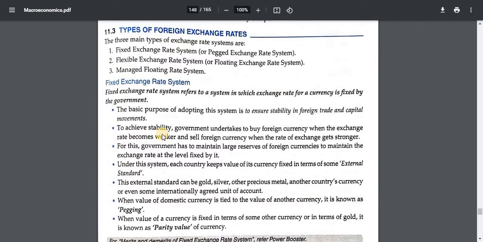To achieve stability, government undertakes to buy foreign currency when the exchange rate becomes weaker and sell foreign currency when the rate of exchange gets stronger. For this, government has to maintain large reserves of foreign currencies to maintain the exchange rate at the level fixed by it. Under this system, each country keeps value of its currency fixed in terms of some external standard.